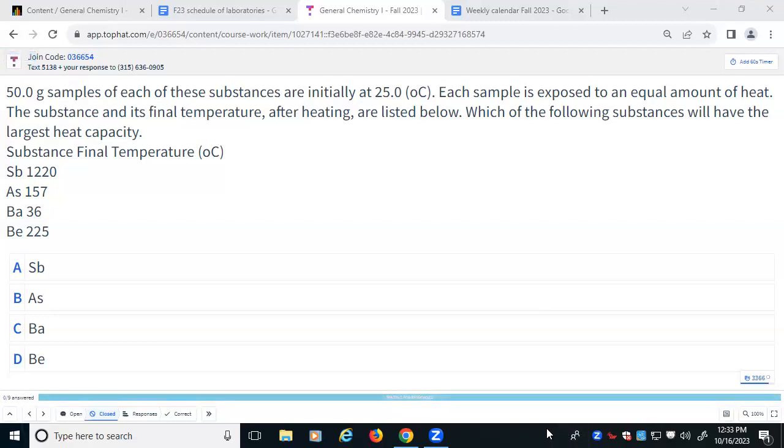So I've got 50-gram samples of each of these four substances: antimony, arsenic, barium, and beryllium. 50-gram samples of each of these, they're all starting at exactly 25 degrees Celsius. I give each of these substances the same amount of heat. If these are the final temperatures, which one of these substances has the greatest heat capacity?